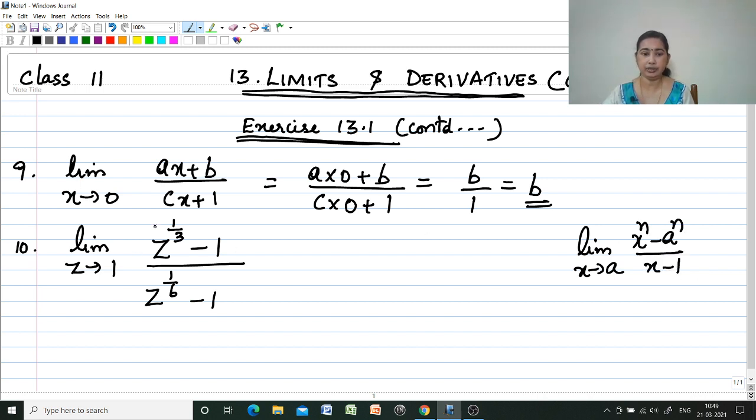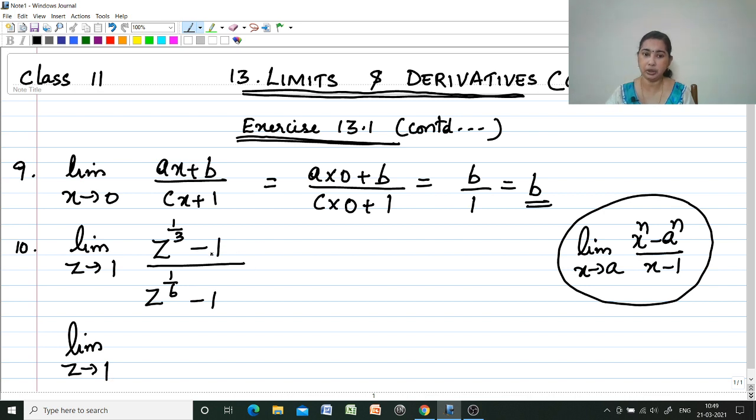So we can convert this into this type of form. Now it is limit z tends to 1. In order to apply the limit for such a problem, we have to convert it into this standard form.